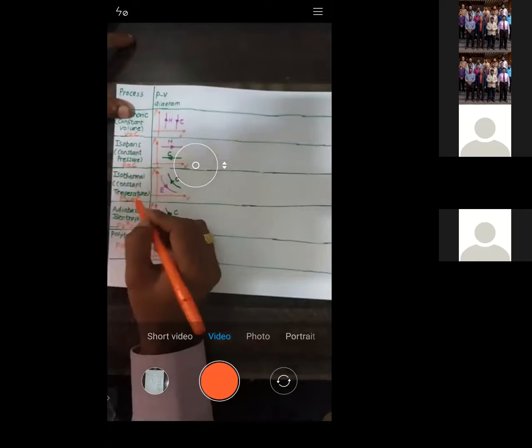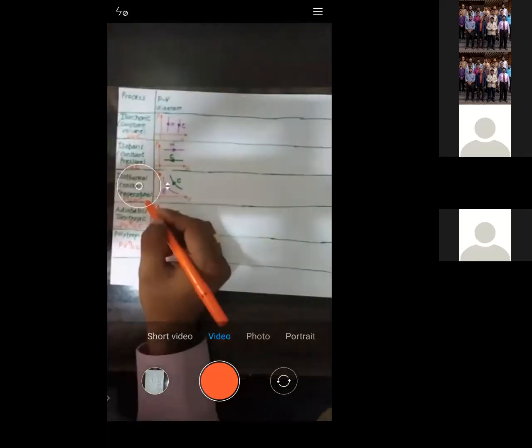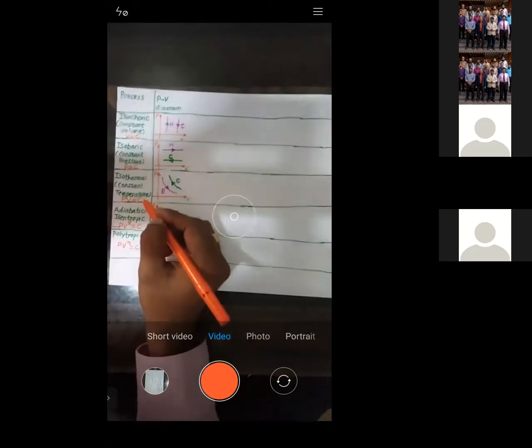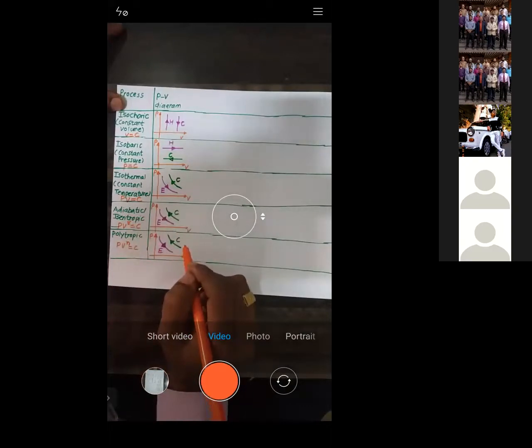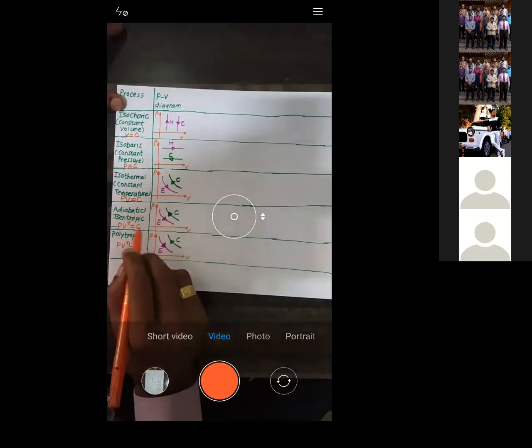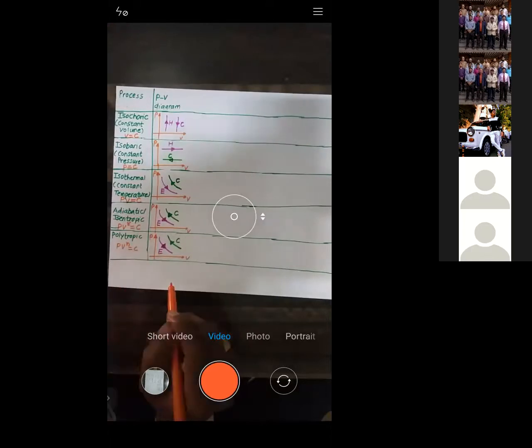PV is equal to C, right? Now whenever it's adiabatic, the law is PV raised to power gamma is equal to C. Whenever it's polytropic, the law is PV raised to power n is equal to C, right?